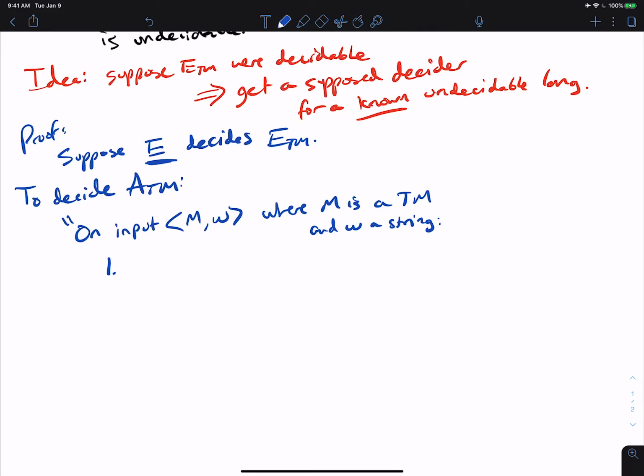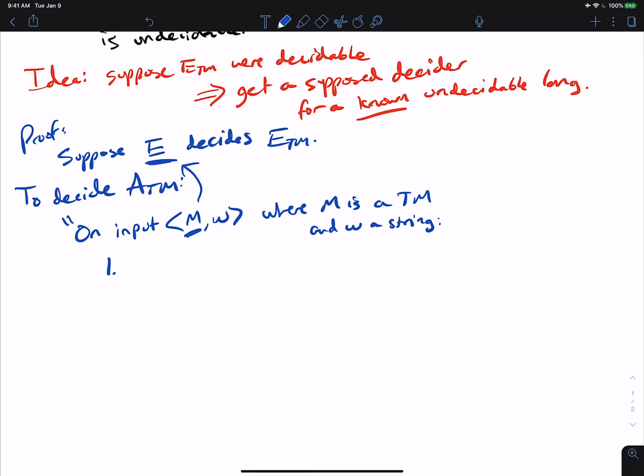So what do we do here? If I feed the machine M into the decider E, and E says yes, M's language is empty, then there's no way that M could accept W. That's all fine and good.